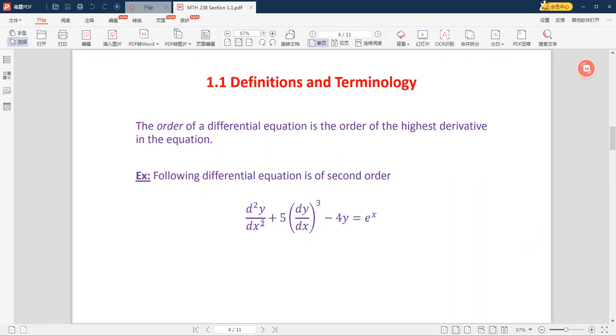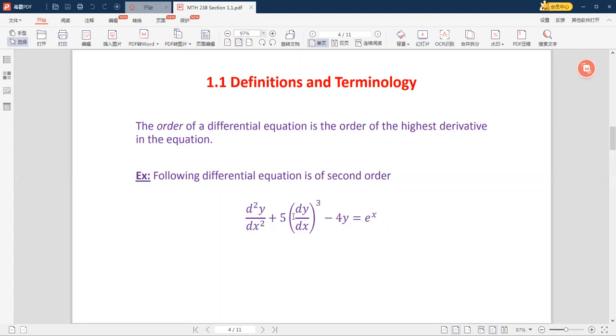Okay, so this equation has d²y/dx² plus 5 times (dy/dx)³ minus 4y equal to e^x. So this is an ordinary differential equation because we only have one independent variable x. It is second order because the highest derivative is the second derivative.